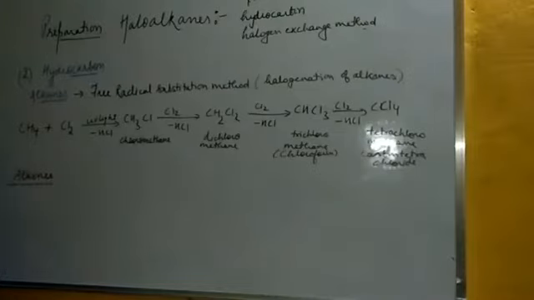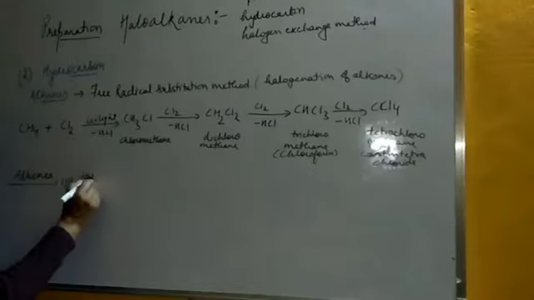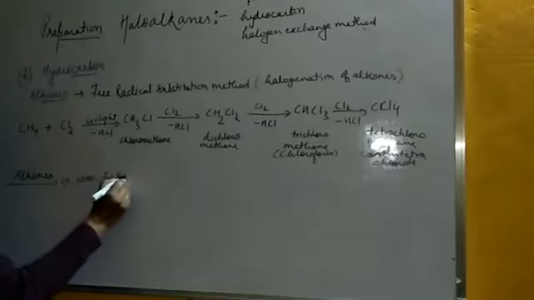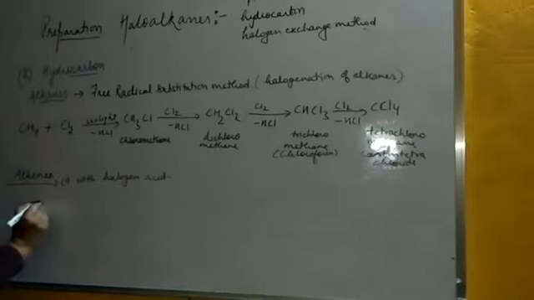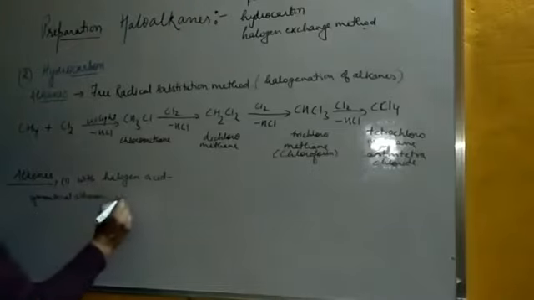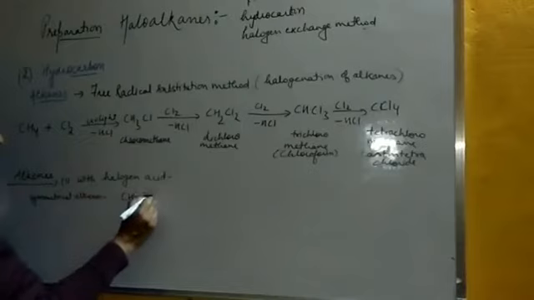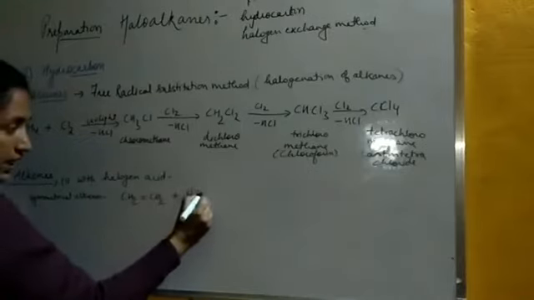So student, in alkene, let us take the first reaction of alkene with halogen acid. So here let us take first a symmetrical alkene, that is, let it be CH2=CH2. Here we get it to react with HX.